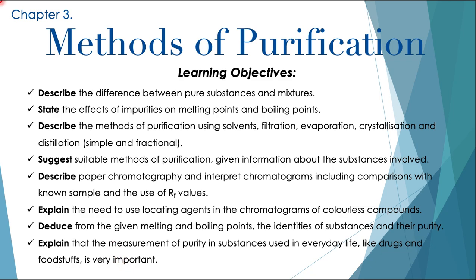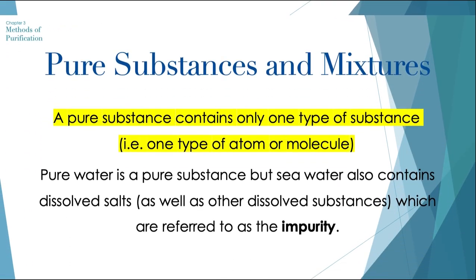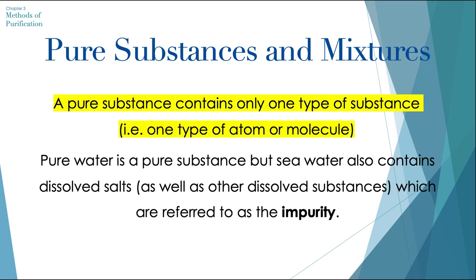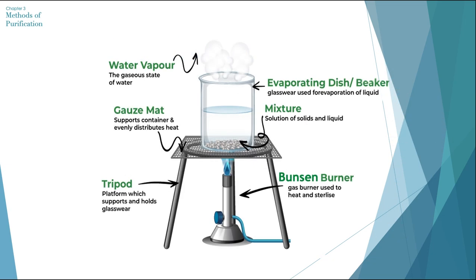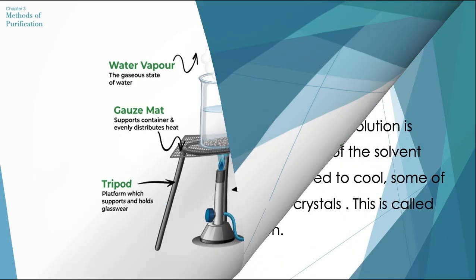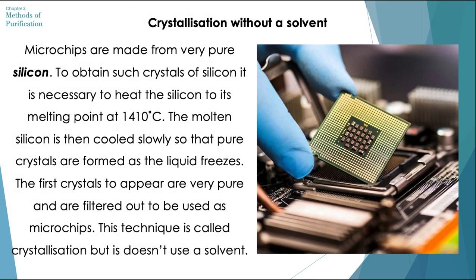So, in this chapter, we learned about pure substances and mixtures, the different methods of purification, starting with dissolving, filtering, and evaporating. This is used for separating two solutes, one which is soluble in water and the other which isn't soluble in water. Then we saw crystallization and how microchips are made by crystallization.